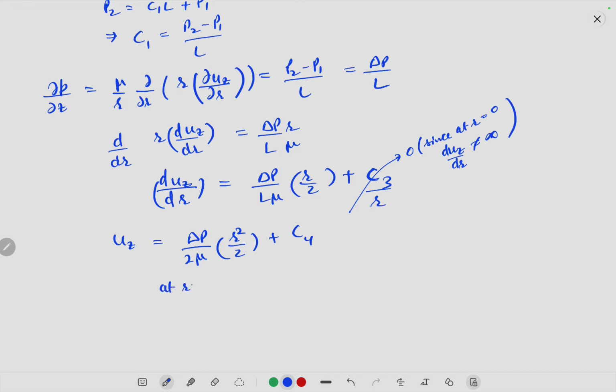Now at r equal to capital R, I know uz will be 0.